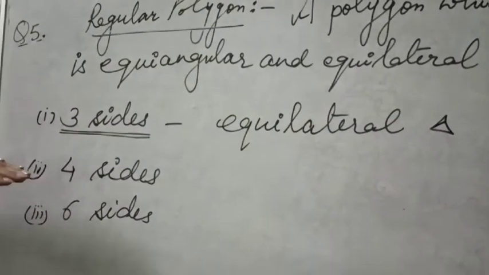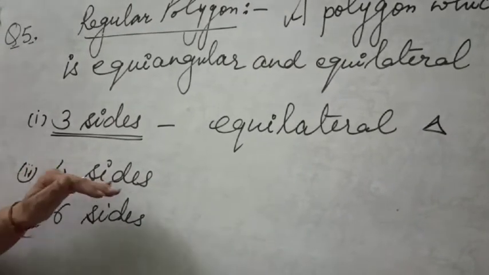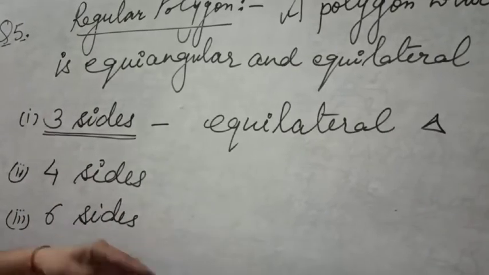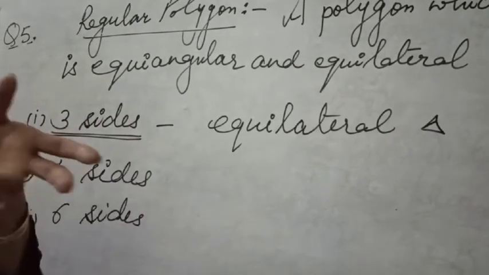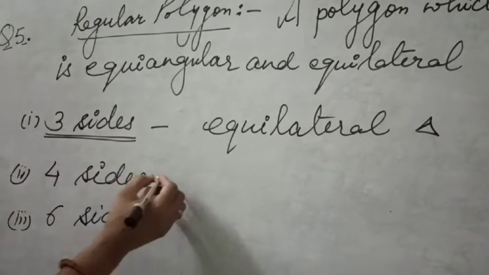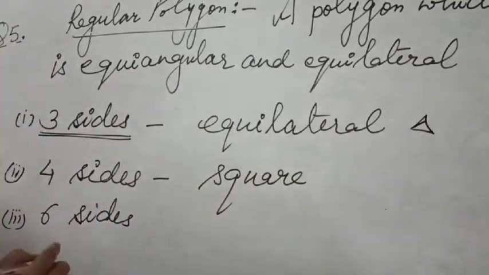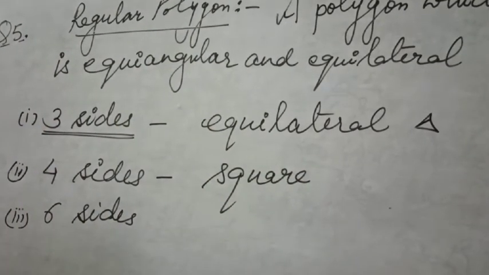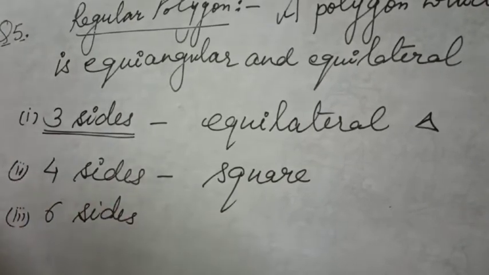Now same way, what is the name given to a 4-sided regular polygon? A 4-sided polygon is a quadrilateral, I agree, but I am talking about a quadrilateral whose all 4 sides are equal. Then that name is square. Student, don't get confused with rhombus. You can go to the last video and see the difference between square and rhombus, and why rhombus is not called a regular polygon.